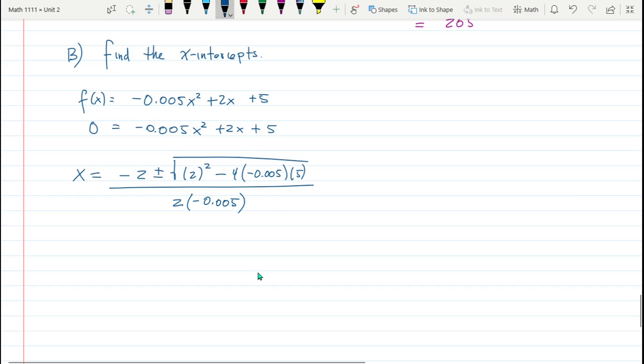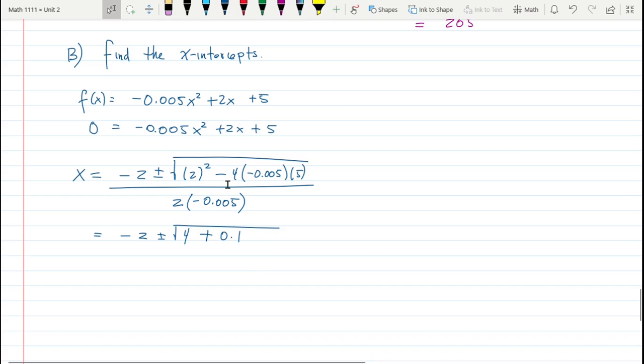So I'm going to simplify little by little. 4 minus, what is 4 times all of that? 4 times negative 0.05 times 5, and that comes out to be negative 0.1.